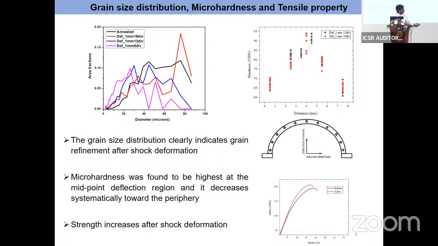Micro hardness was found to be highest at the midpoint deflection region, and it decreases systematically toward the periphery. And this is the stress-strain curve. It clearly shows the strength of the after-shock sample is increased, but ductility is going to decrease a little bit.